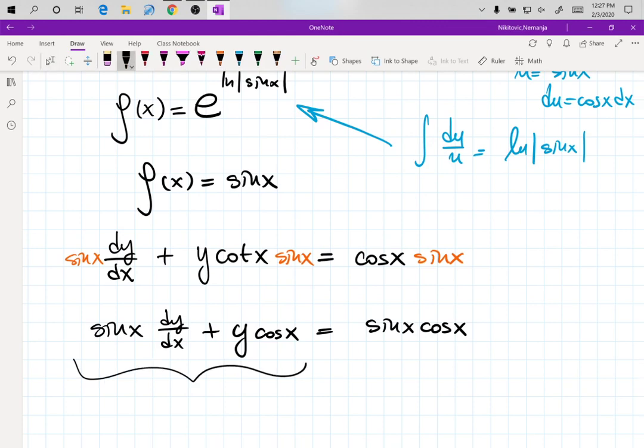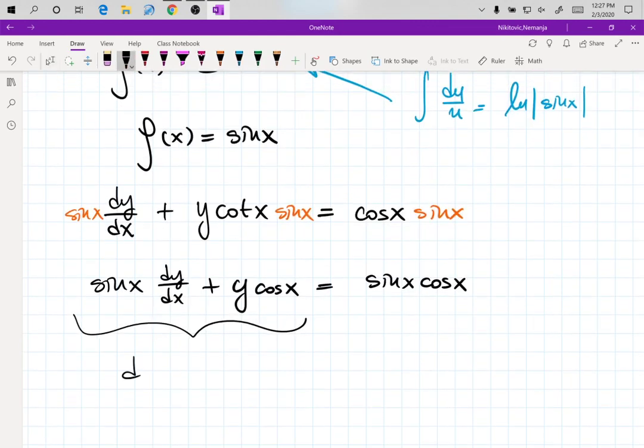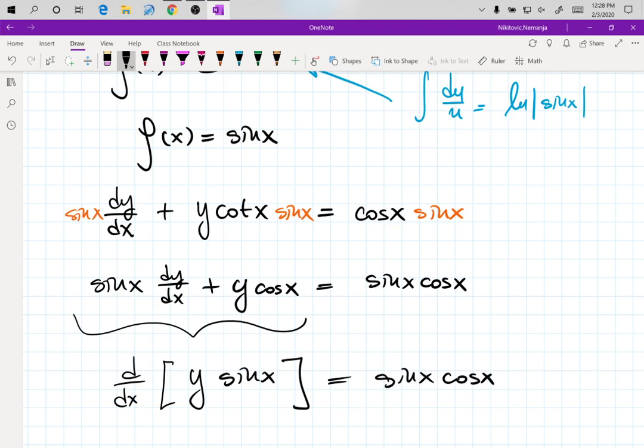And this is where we combine these into a single product rule, which is the derivative of y sine x, equals sine x cosine x.